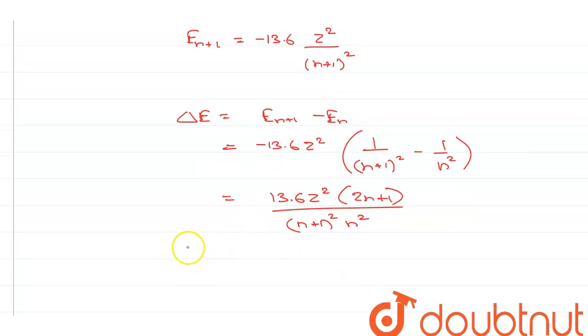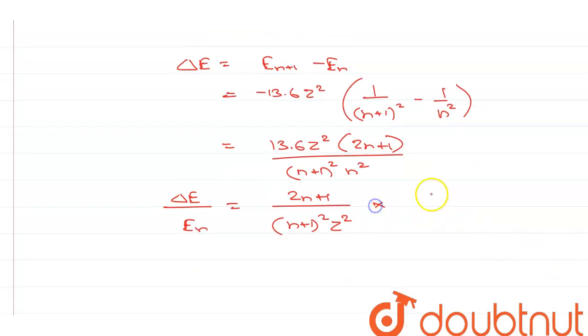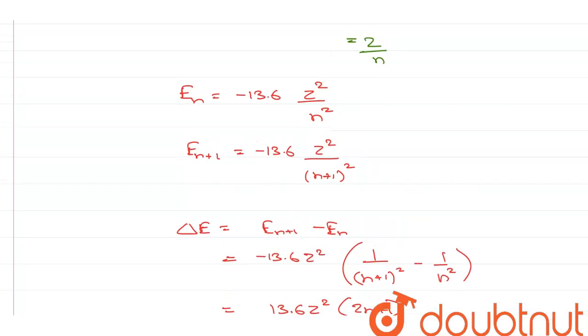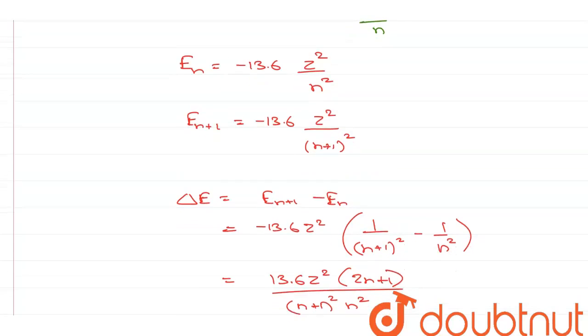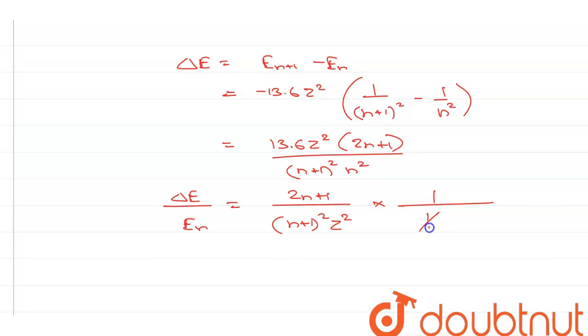And the relative change therefore will be delta E upon En. The 13.6 and Z squared are constant terms, they will get cancelled out and we are left with (2n plus 1) upon (n plus 1) squared into 1 upon En, and En goes as 1 by n squared.